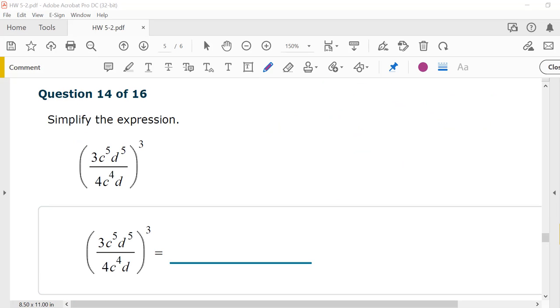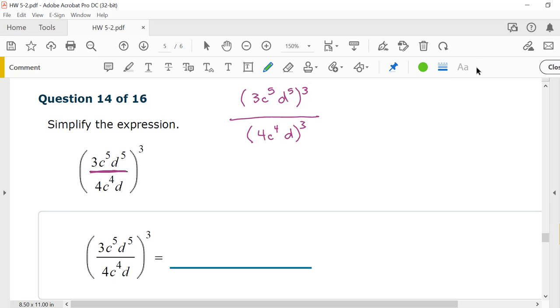Number 14. First thing I see is this division and a cubed. So I need to give that cube to the numerator and to the denominator. So 3c to the 5th, d to the 5th, all cubed, over 4c to the 4th, d, all cubed. Okay, now I need to give this cubed up top to everybody.